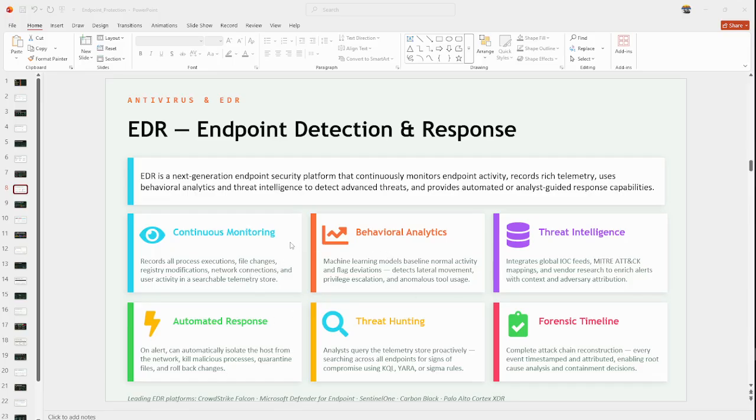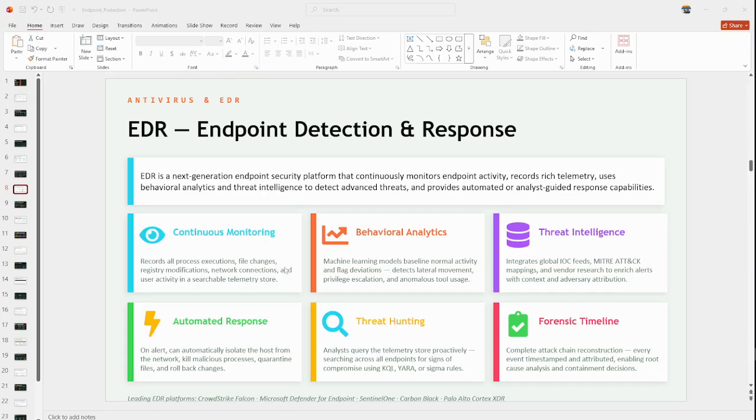Now I have a question here. What is the difference between antivirus and endpoint detection? We'll give you 30 seconds. In 30 seconds, you can come up with your own logic, how you want to justify.